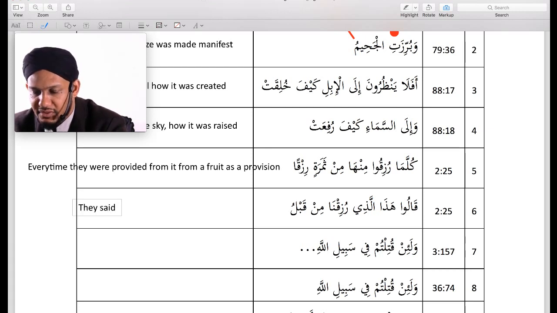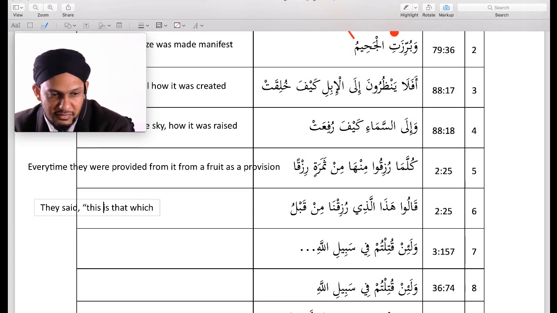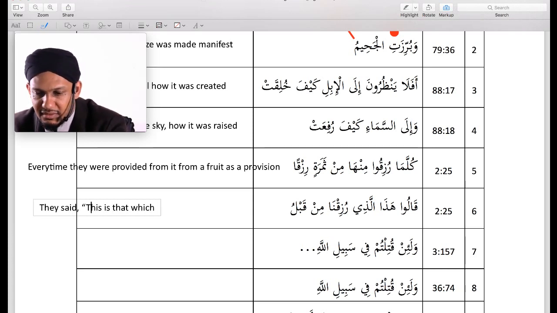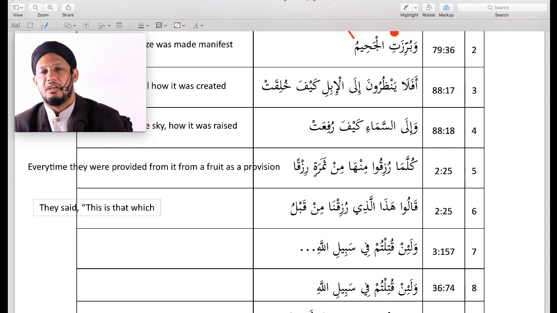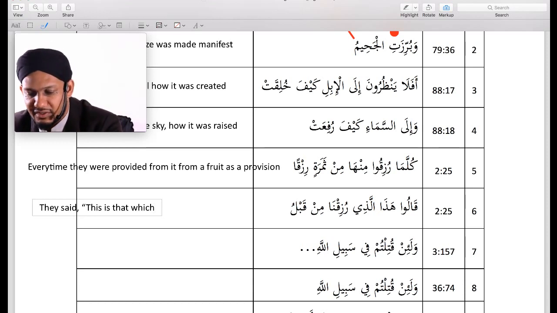The doer is known. قالوا, they said. هذا, this. الذي is that which. رزقنا. رزق means he provided. رزقنا means we provided. رزقنا means we were provided.